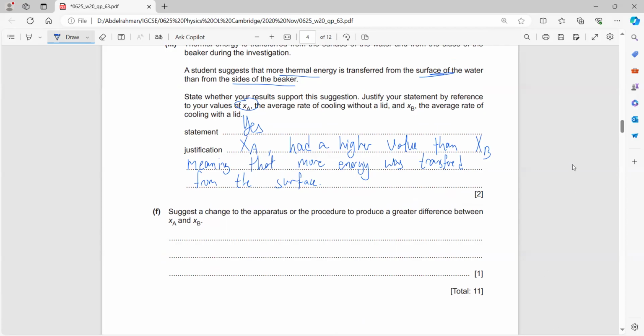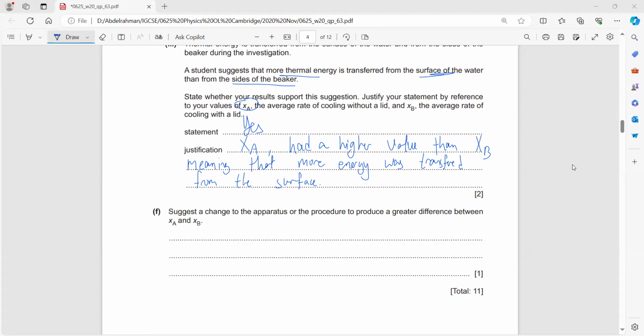Suggest a change to the apparatus or the procedure to produce a greater difference between theta A and theta B. I now need to increase the difference between theta A and theta B. More time, for example?